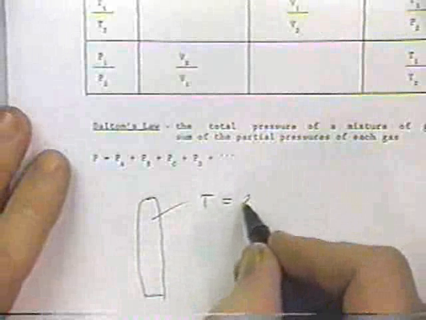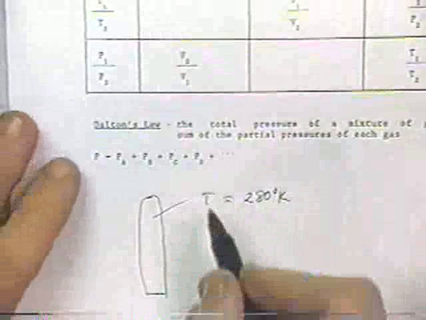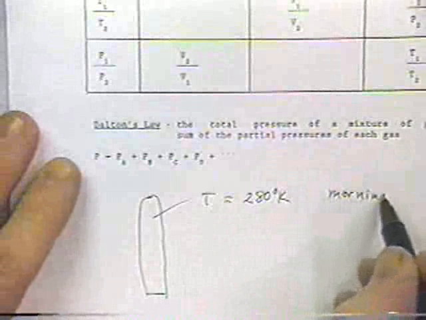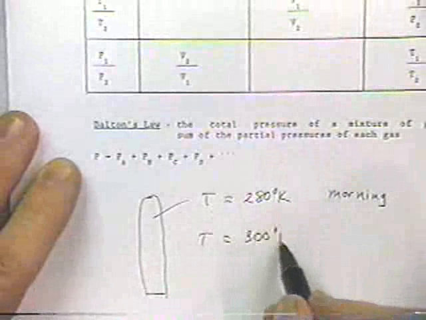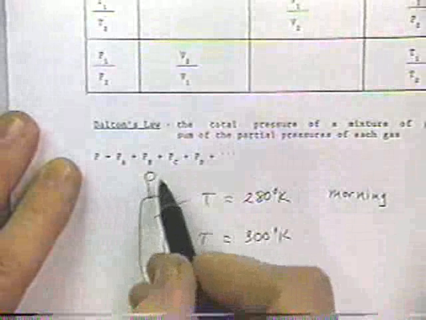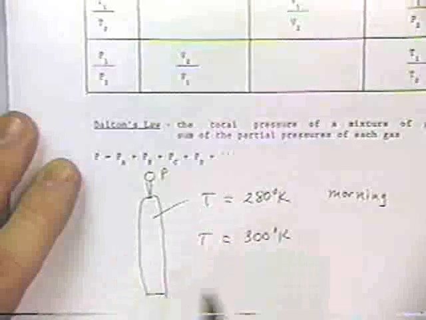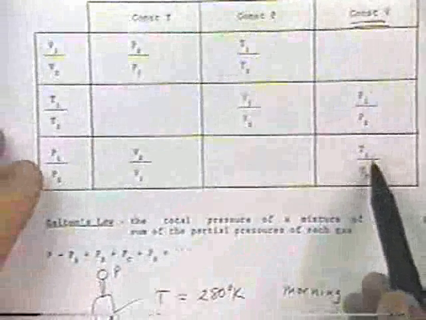Let's say it's 280 degrees Kelvin in the morning, and then in the afternoon, the temperature goes up to 300 degrees Kelvin. Now there's a pressure gauge located on the cylinder. Of course, the volume is constant, so we're dealing with this situation, constant volume. And what we're doing is we're trying to figure out the relationship between temperature and pressure.